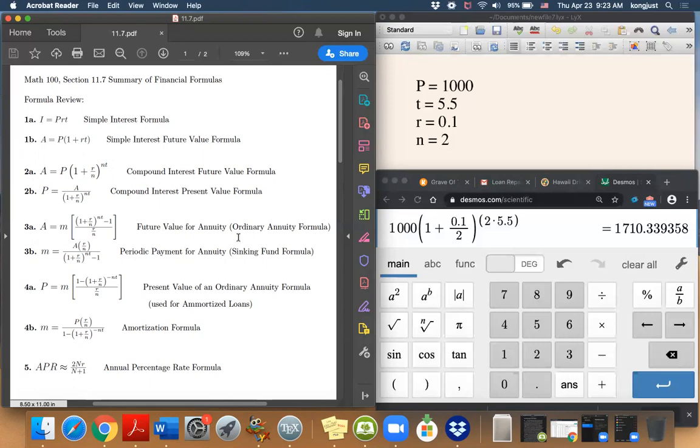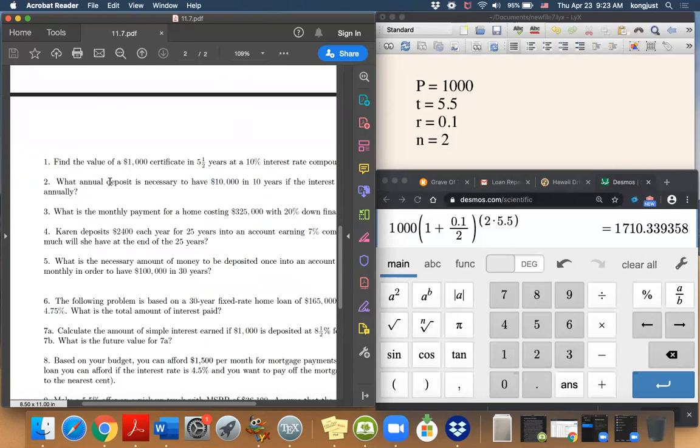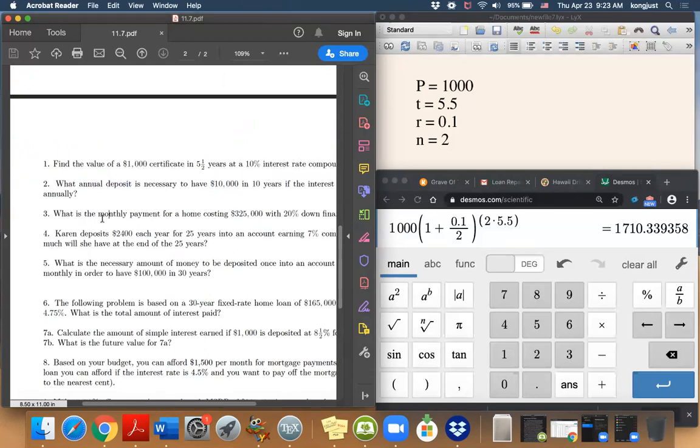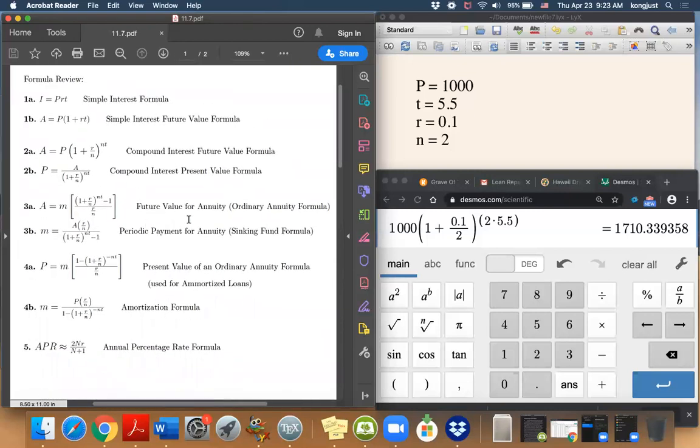It's asking for the annual deposit, right? I know the future value. So I don't want to solve for A, I want to solve for the annual deposit, which is the periodic payment. So your 3A is actually close. It isn't an annuity question, but you want the periodic payment amount.